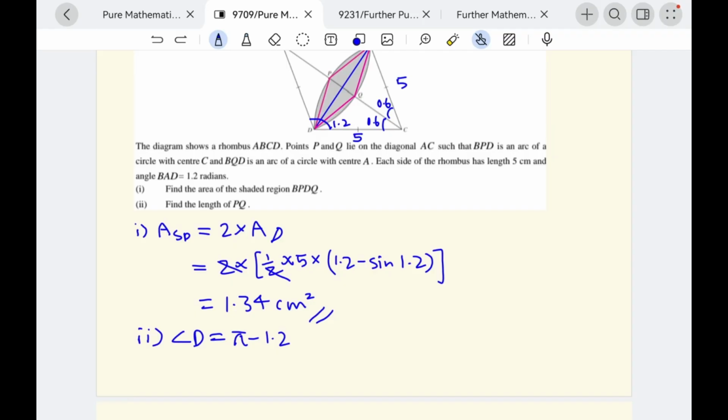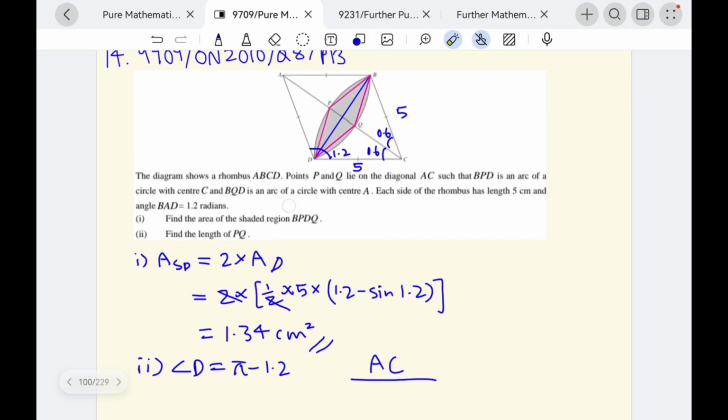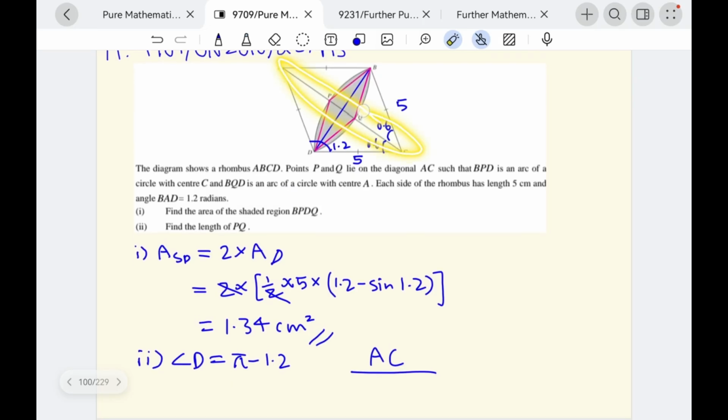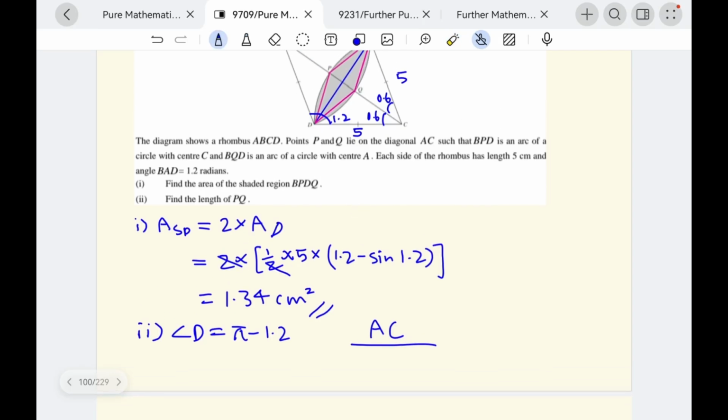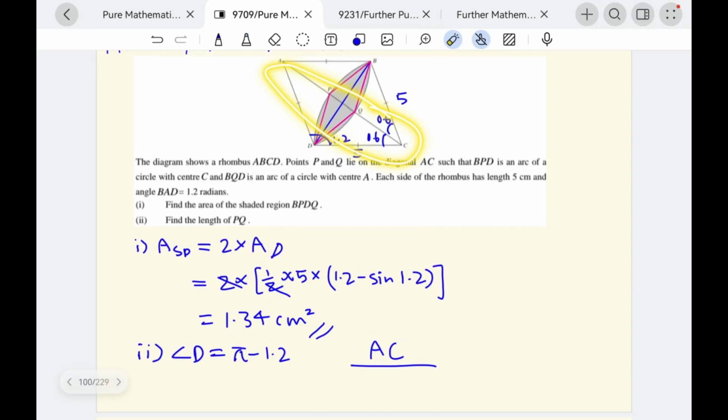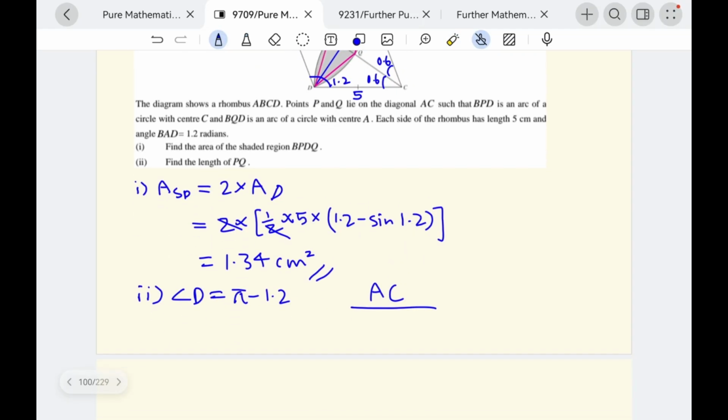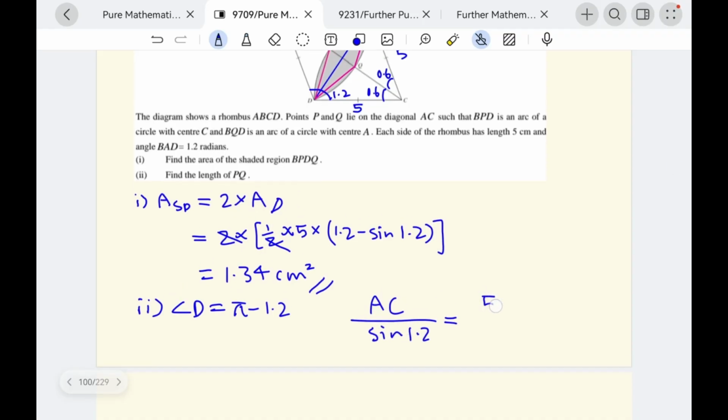So what does the sine rule state? It states that the ratio of a side over the sine of its opposite angle is equal for each side. So following the sine rule, the length of AC divided by the sine of its opposite angle, which is sine 1.2, equals 5 over the sine of 0.6.